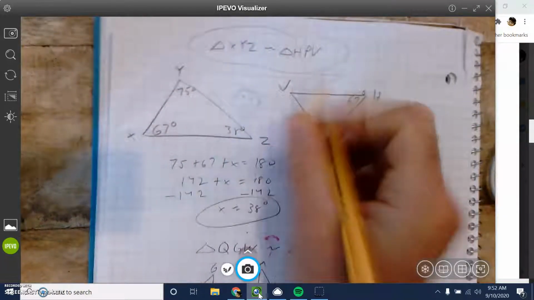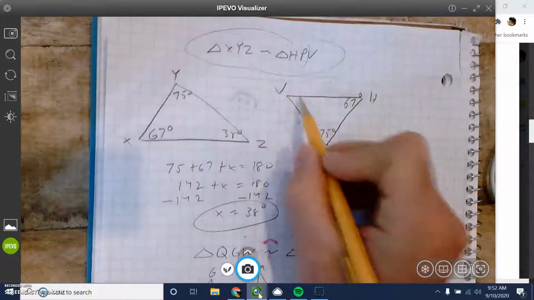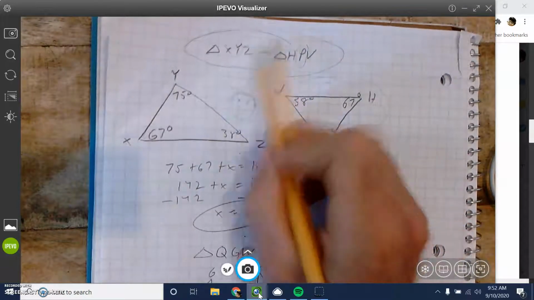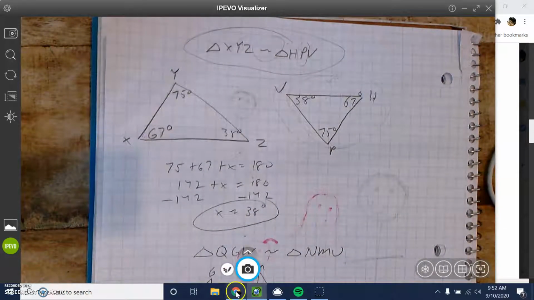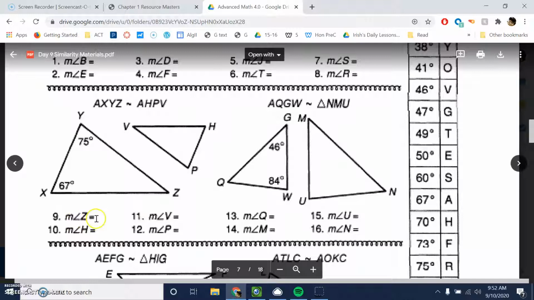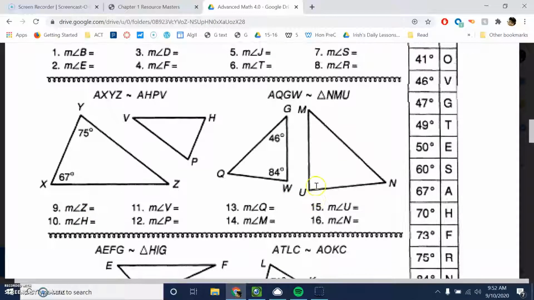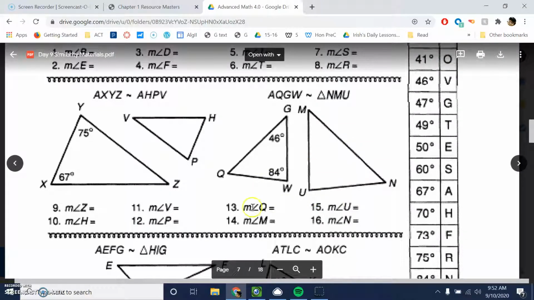So 38 degrees here. And then angle V is also 38 degrees because it says we're similar. Cool. Now you would answer these questions right here. Angle Z, etc. Now I want you to do these right here. So I want you to answer 13, 14, 15, and 16 using this information and this statement right here.